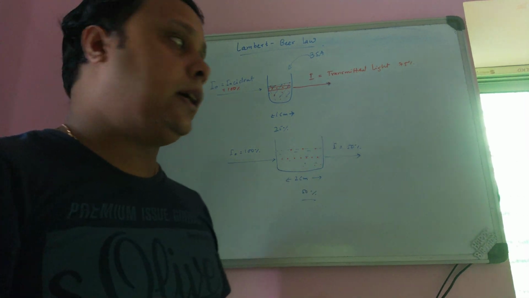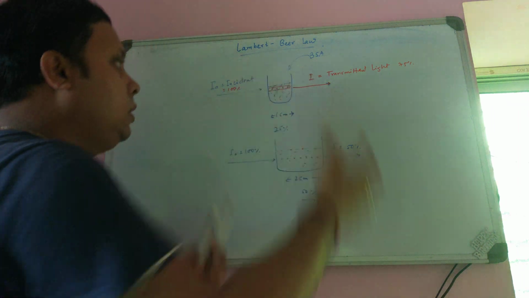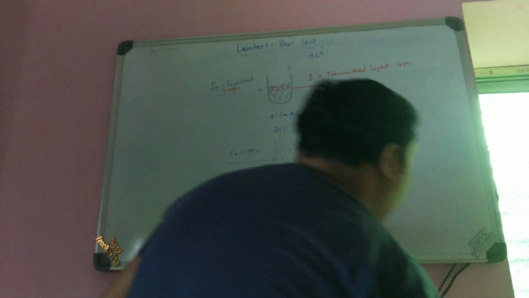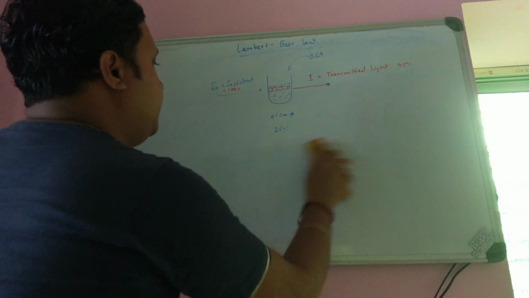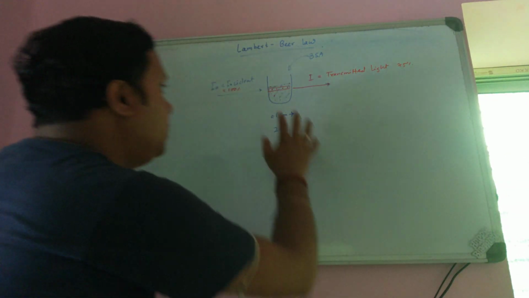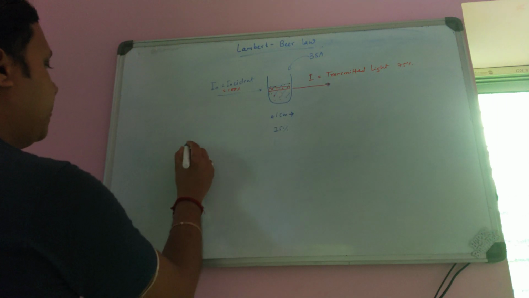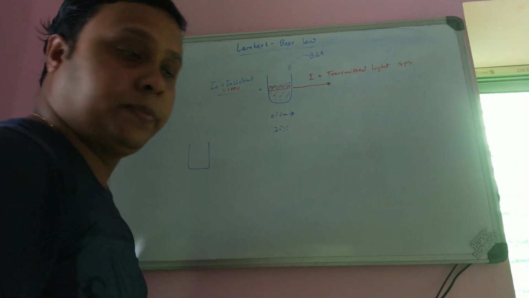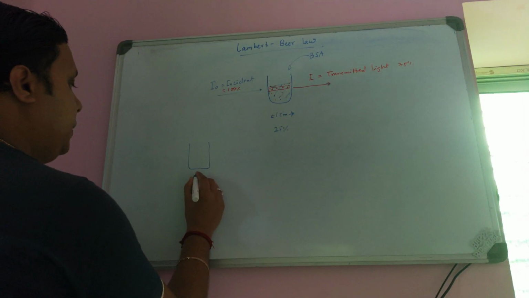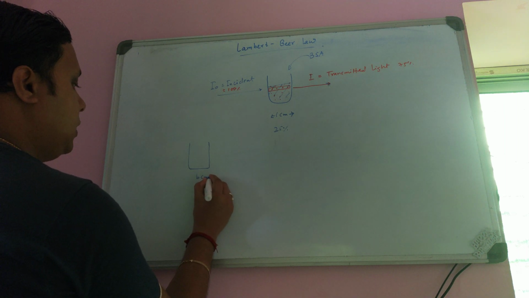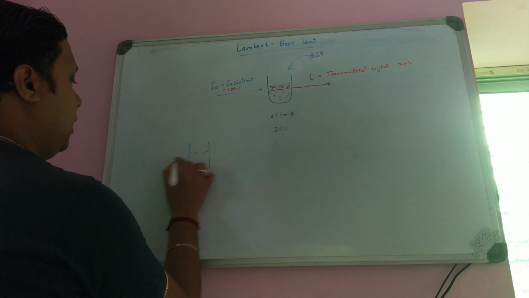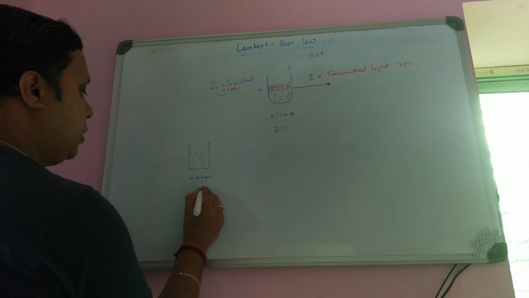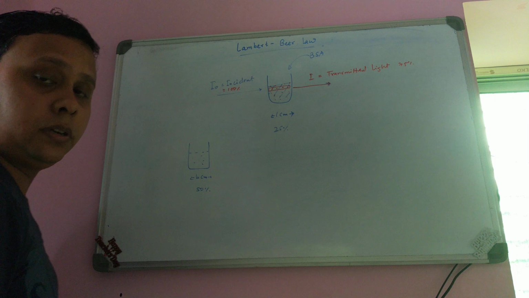So we can represent this in a different way. Say we have one container, which is normally known as the cuvette in spectrophotometry, with a path length of B centimeter, and the molecule present within the sample is absorbing 50% of the incident light.